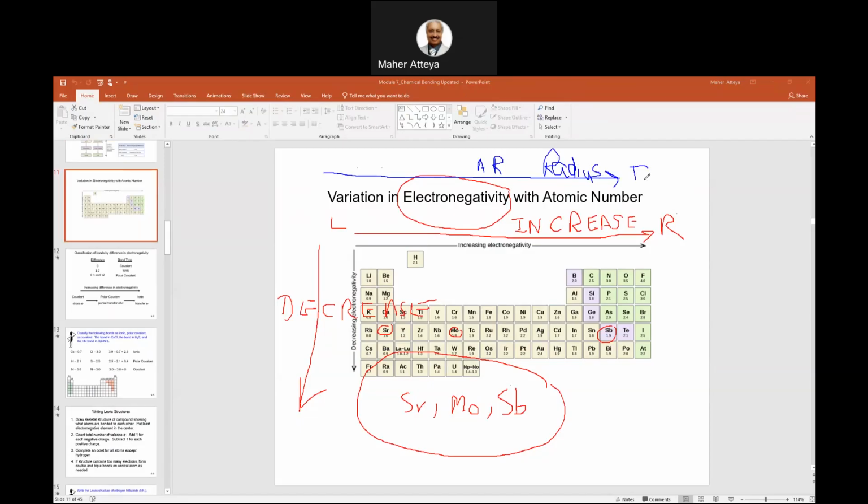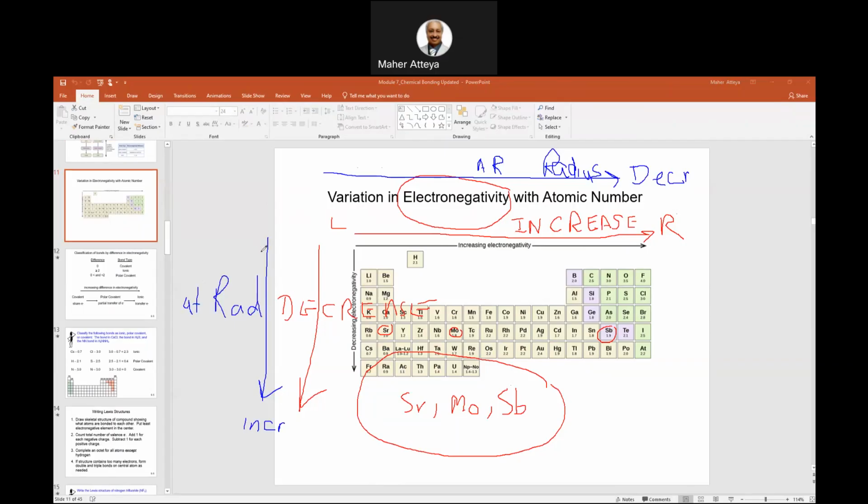This one is decrease, and this one here is increase. Quite the opposite of decrease and increase. So that's the atomic radius. Are you following me here?